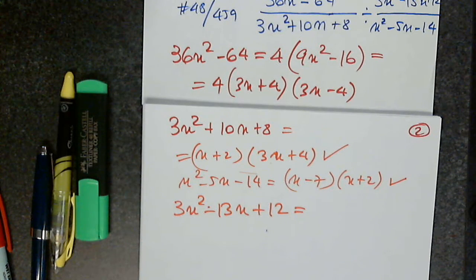What are we looking for? Numbers that have a product of 36 and a sum of negative 13. Excellent, that's exactly it. Can we find two numbers whose product is 36 and whose sum is negative 13?